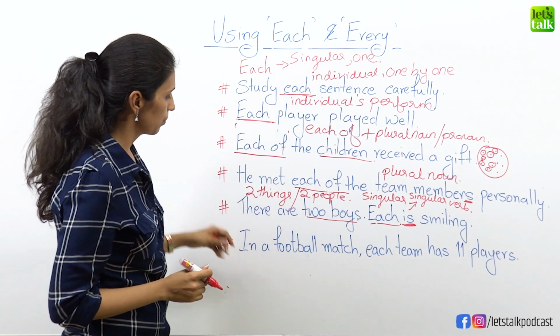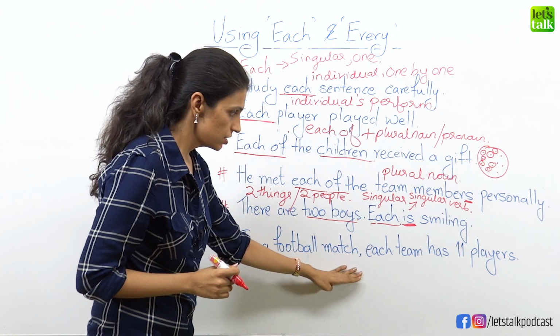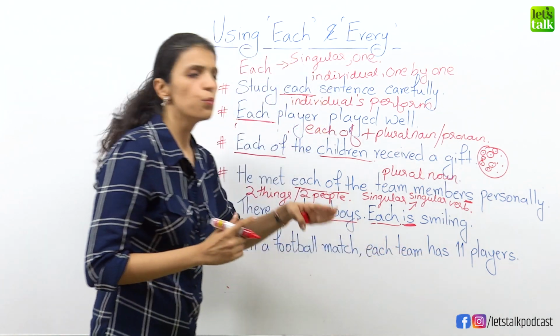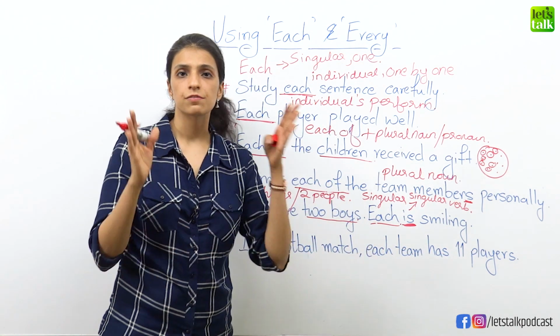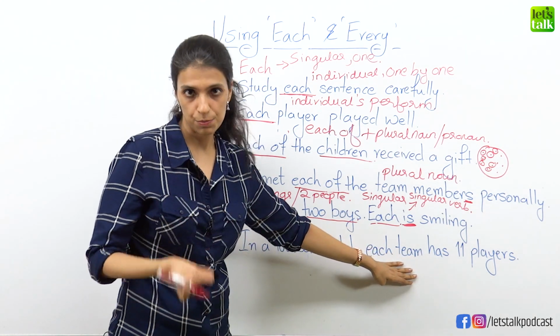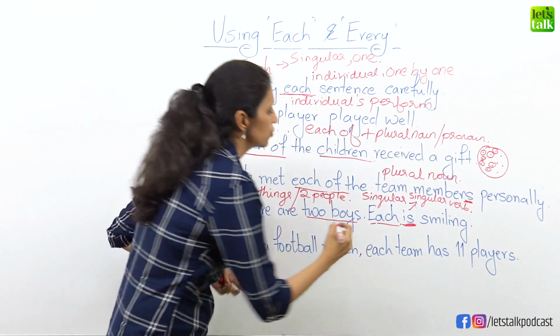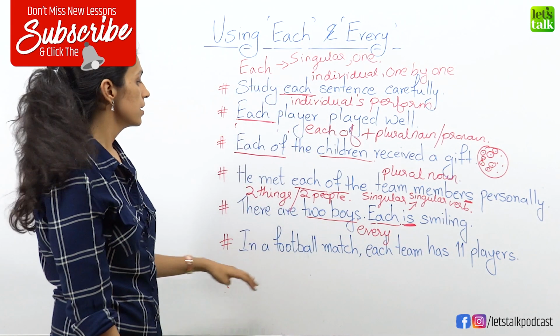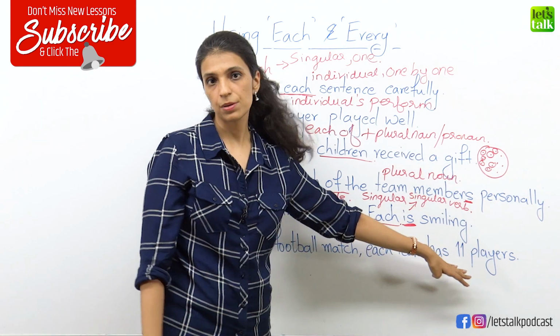Well, in the next example, in a football match, each team has 11 players. Now, you know why we use each here? Because a football match always has two teams participating, right? So we cannot use every. I have heard a lot of people say in a football match every team has 11 players.